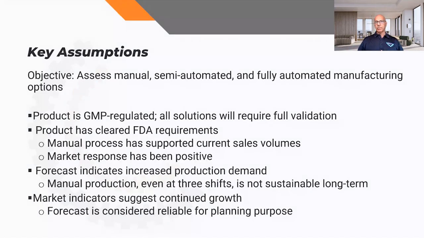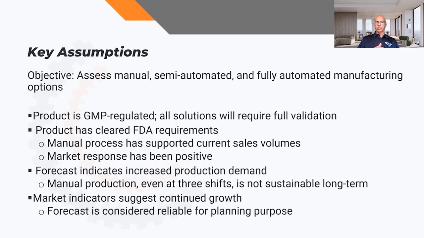The product is GMP regulated and all solutions will require full validation. The product has cleared FDA requirements, so the manual process has supported the current sales volume and market response has been positive. So we know it's a product that we're going to have to produce. Now comes the forecast portion, which, God bless them, sometimes they hit it just on, sometimes they miss it by a lot, but we're going to trust the forecast numbers, and we're seeing the demand is going to increase.